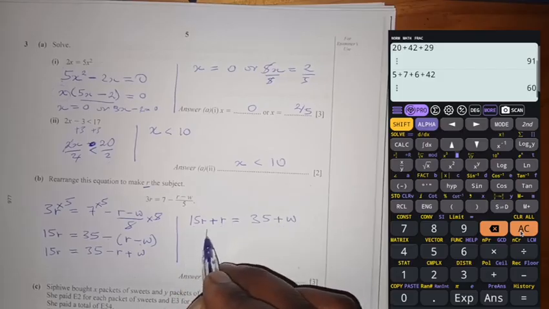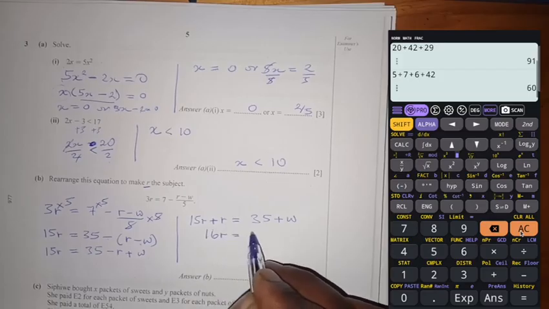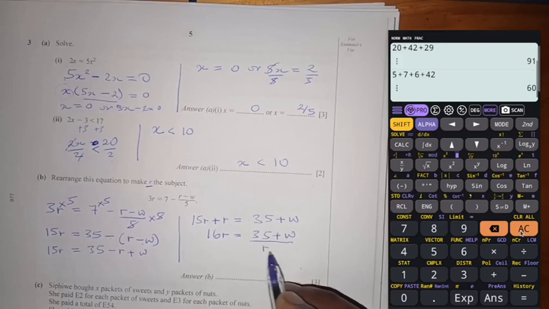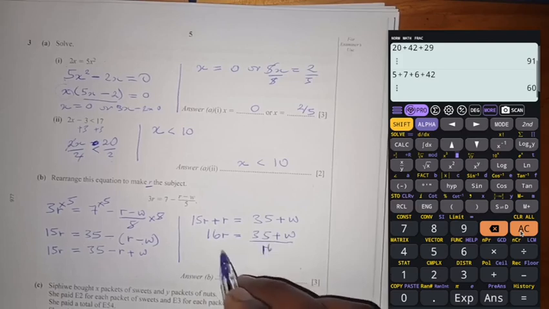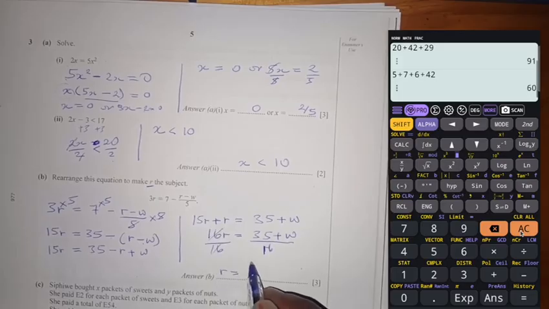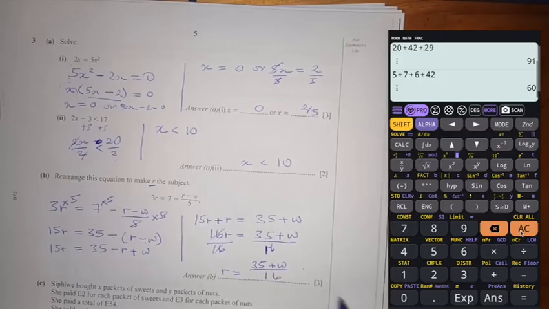Then this is now 16r equals 35 plus w. Divide both sides by 16. Then you have r equals (35 plus w) all over 16. Take all the 3 marks there.